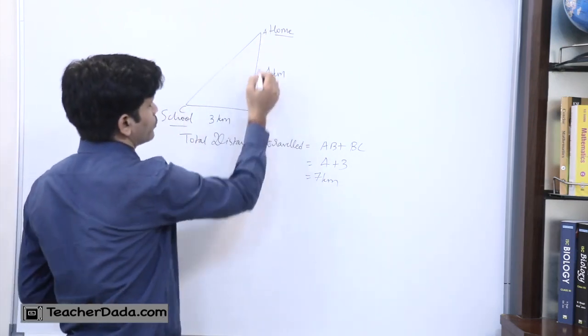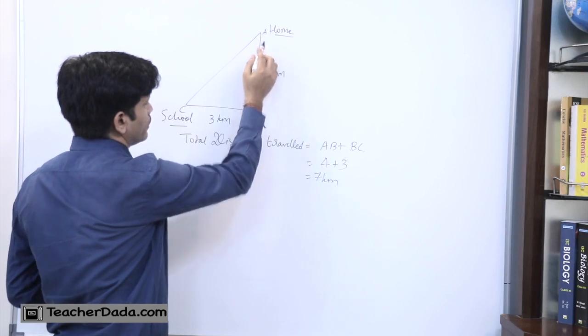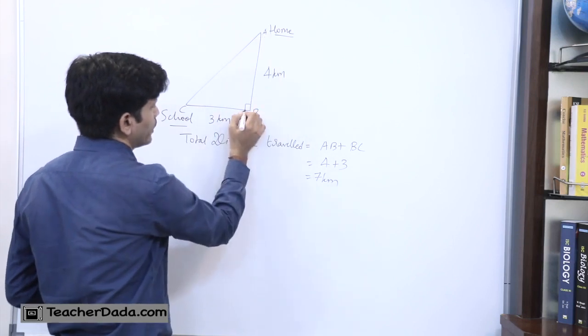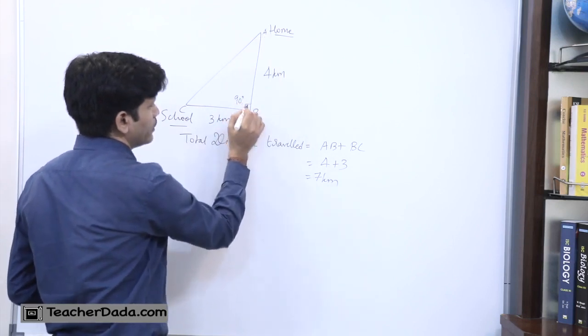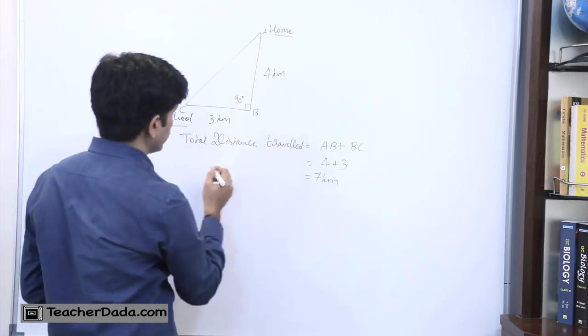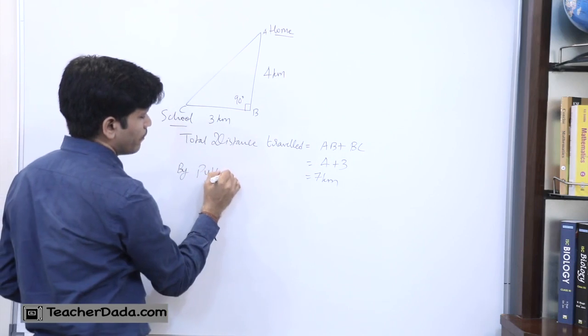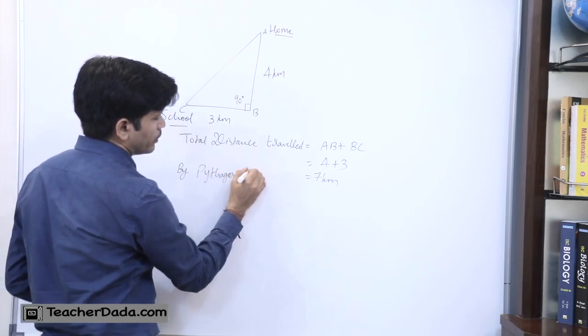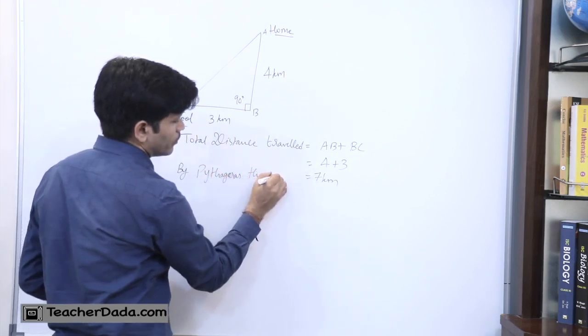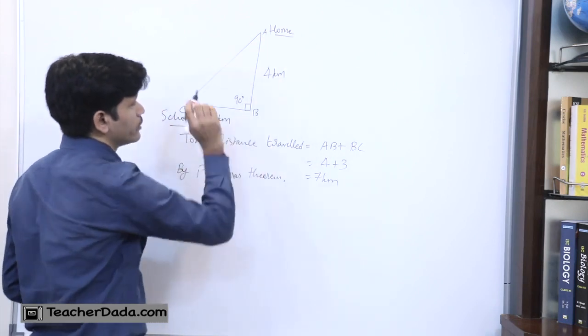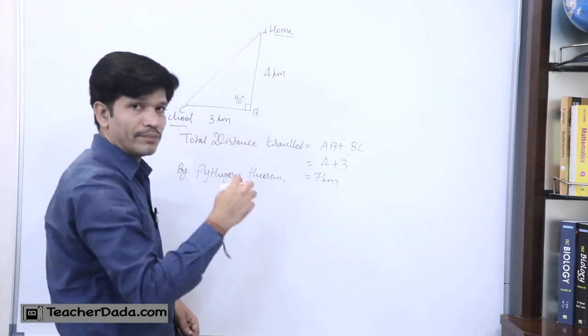But now, as you can see from the diagram, angle B is 90 degrees. So we can apply the Pythagoras theorem, and we can find this straight distance, that is AC.